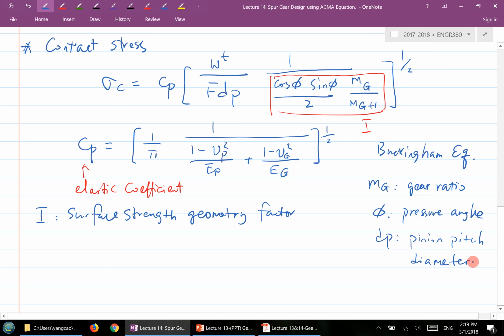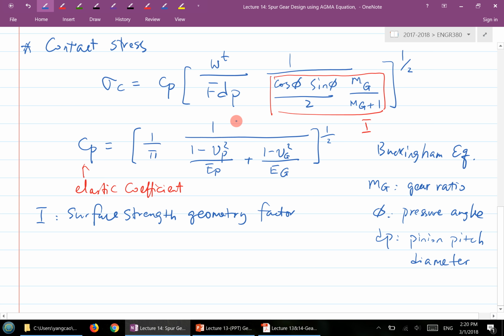Yes, right, for your contact pressure, you have mg over mg plus 1. What I wrote here is not a complete AGMA equation.